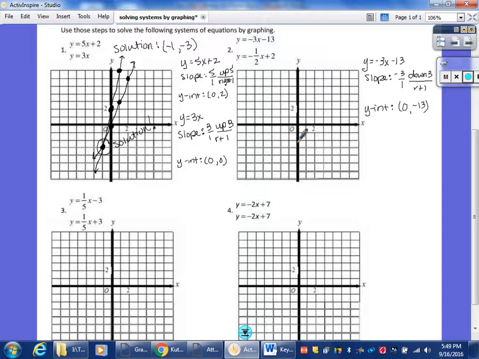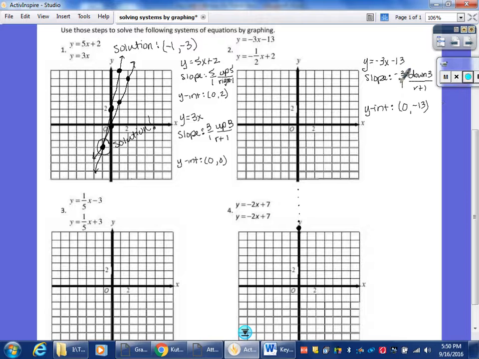This grid goes to 7, and negative 13 is going to be pretty far down here. But you know what? We can work with that. We can approximate. So we'll just say like 1, 2, 3. I've got to go down another 6-ish. Oh, so I'm on the other grid. We'll make it work, guys.